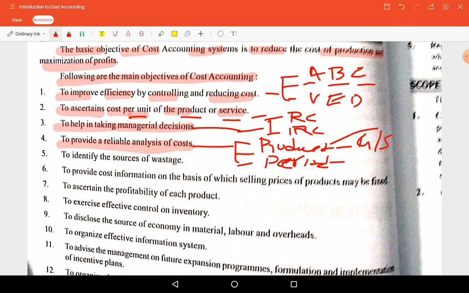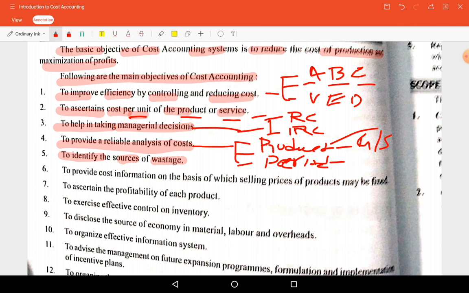Cost center will be defined, and it will be easily analyzed. So to provide reliable analysis of cost is also an important objective of cost accounting, for cost control and cost measurement.